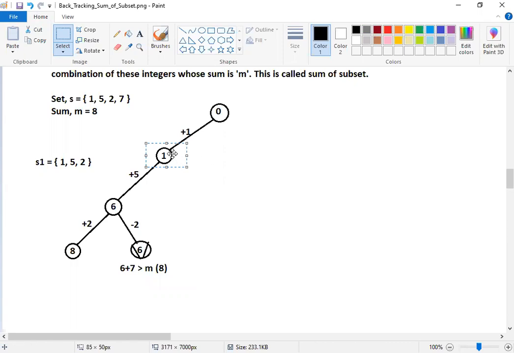When I am at node 1, that means I have only considered the first number in my subset. Okay. Now what we need to do? We need to draw the right child of this particular node. So the right child of this particular node will be what? Can anyone tell me what I should write as the edge value here from 1 towards its right child, and what value I have to write within this particular right child node?